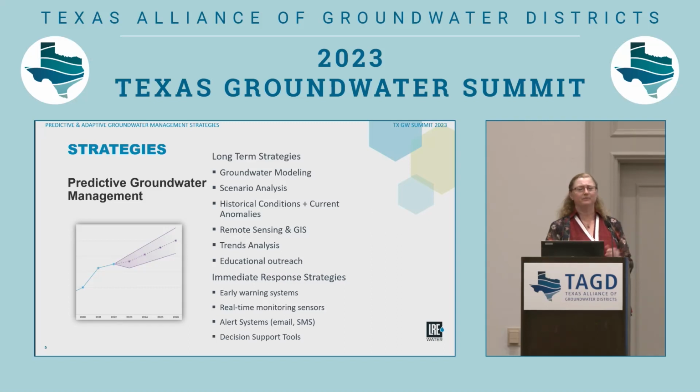Those are all just examples of predictive management strategies. And then on that immediate response side, of course, an early warning system is a predictive management strategy. So, decision support tools that are designed to give you a heads up, a lead time on some piece of information.